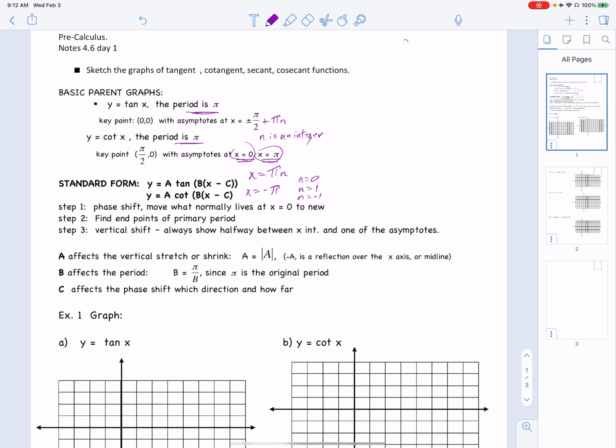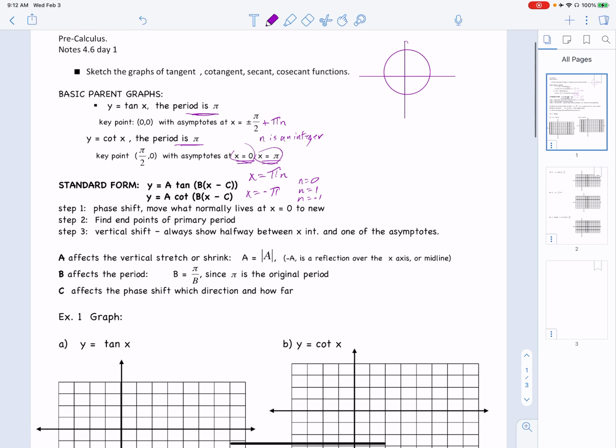I want to take a moment and just review why that happens, attaching it to the unit circle. At 0, this ordered pair is 1, 0 on the unit circle.